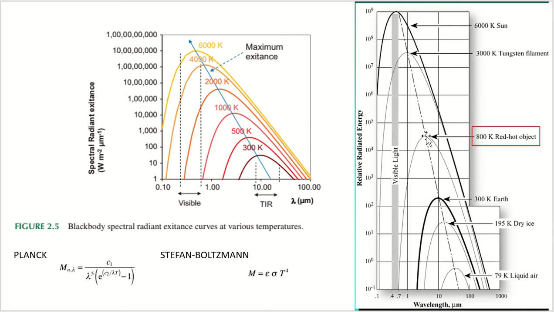But only at 800 and above, hotter than that, will it actually generate color. Will it become red? So that's just a little bit of review, another figure, just to help explain how the temperature of an object influences the amount of energy that it's radiating, as well as the wavelengths of that energy.